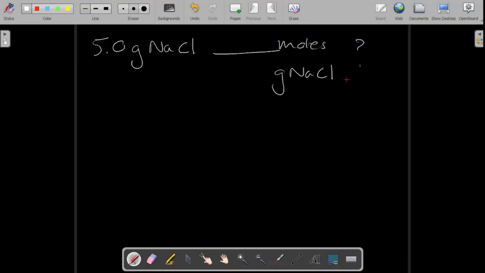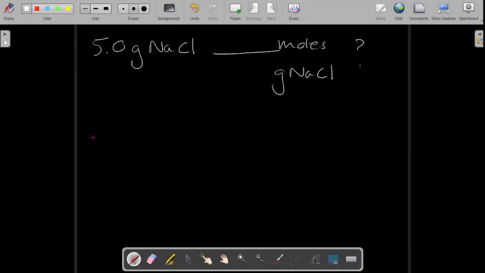What are the moles? Well, in this case, we have a molecule. We know that 1 mole of that molecule has the same number of atomic mass units as grams for that molecule.